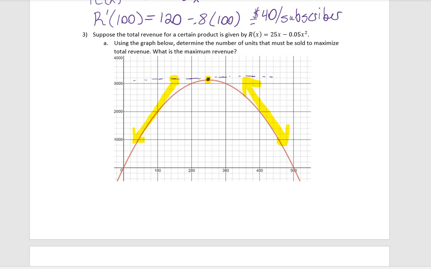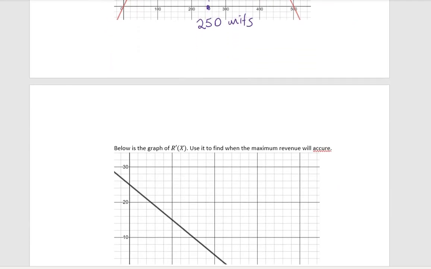So if we look at this graph and guesstimate where this happens, it looks like we're going to see a maximum revenue when we have 250 units. It also appears that revenue is going to max out at roughly about 3,000.